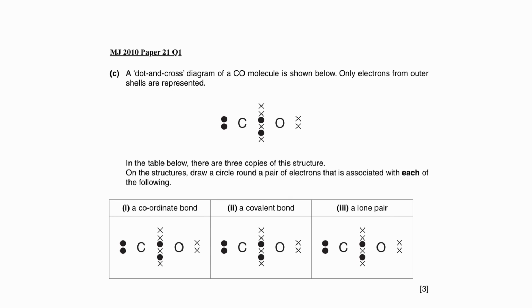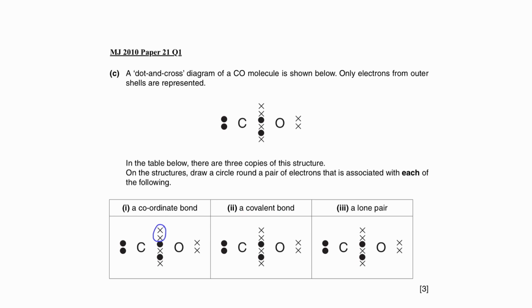For the coordinate bond, we have this pair of electrons where between the carbon and oxygen atom we have two same symbols, which are both crosses for the sharing. This shows that the two cross electrons are both from the oxygen. You can see the lone pair of the oxygen is a cross. Therefore these two crosses are from the oxygen atom, and this is a coordinate bond formed between them.